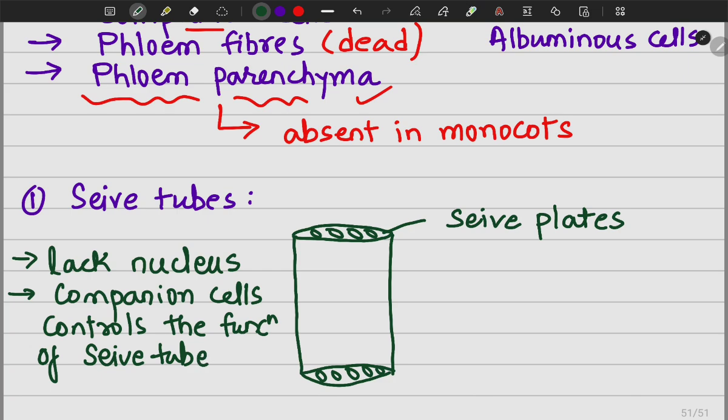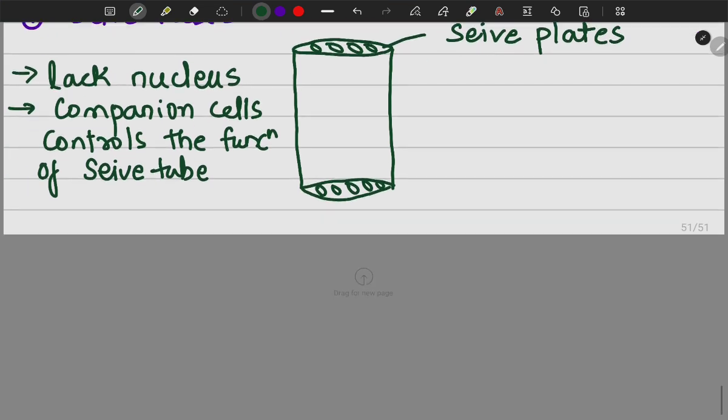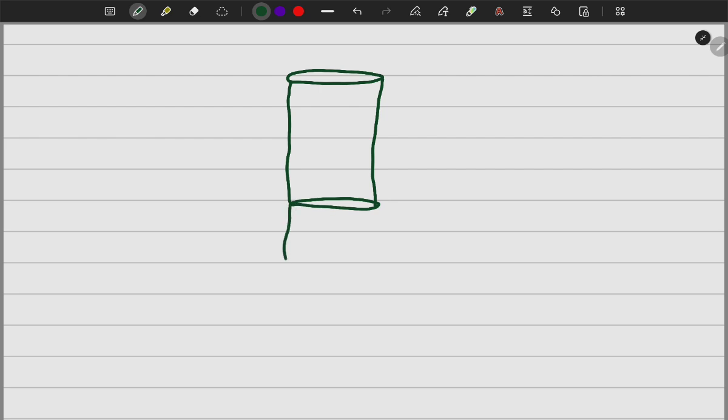Alright, so they have sieve tubes, sieve plates, which are the end plates that have perforations, and the sieve elements are arranged longitudinally like this. This is one sieve element. Then it will be connected longitudinally with the other sieve element like this. There will be perforations at the end plate.